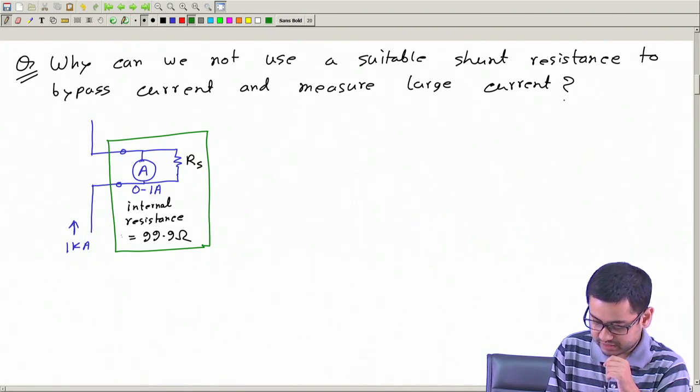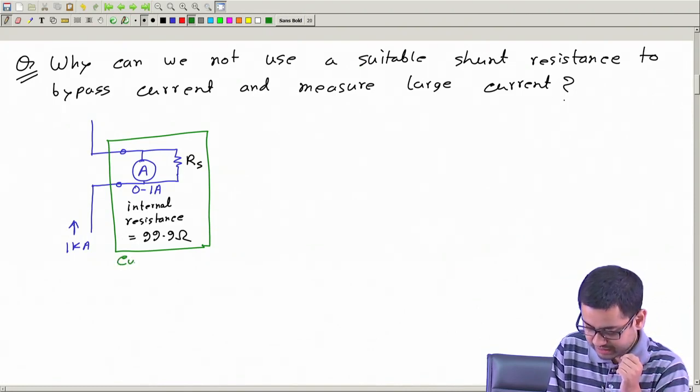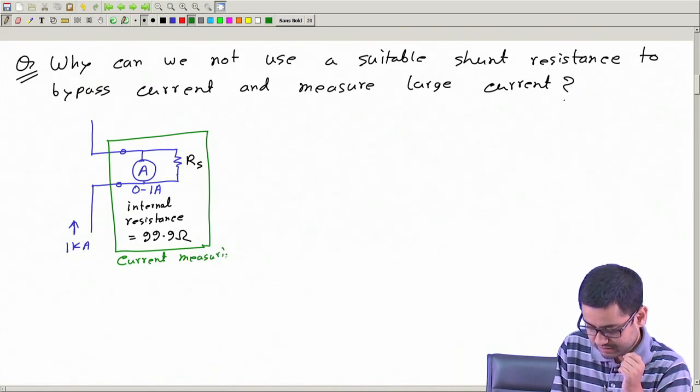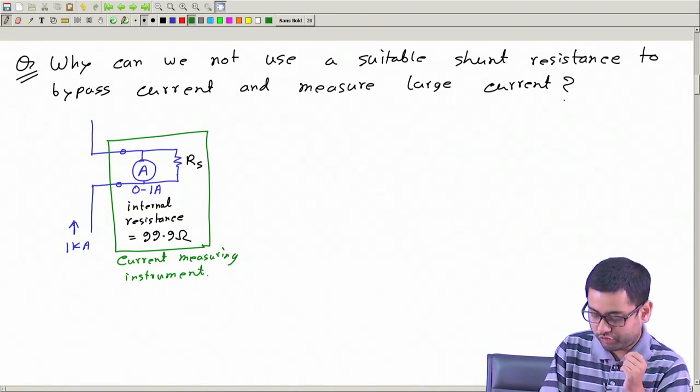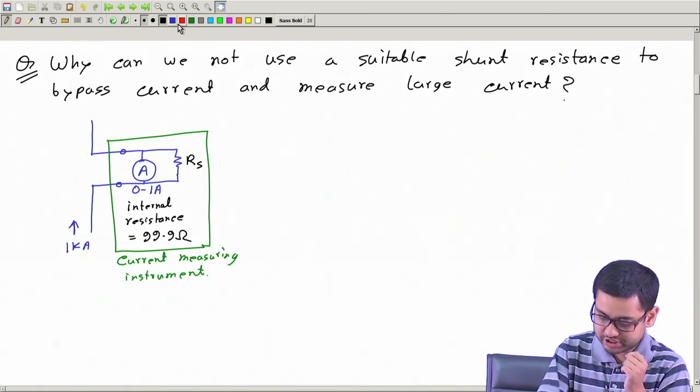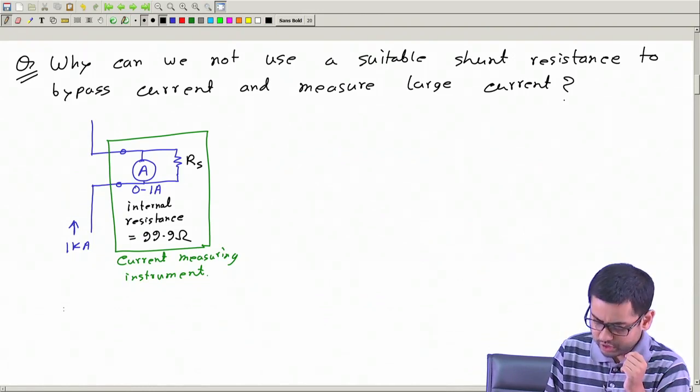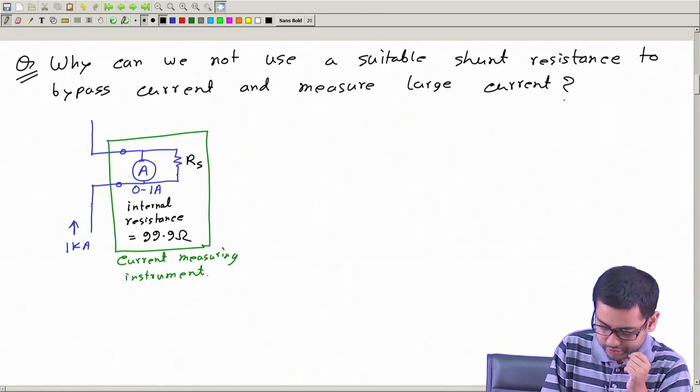So, this is the current measuring instrument, which is composed of a 1 ampere ammeter with a suitable shunt resistance, and the value of the shunt resistance should be, how can we compute this? We want that if this current is 1 kiloampere, only 1 ampere current will flow through the ammeter.